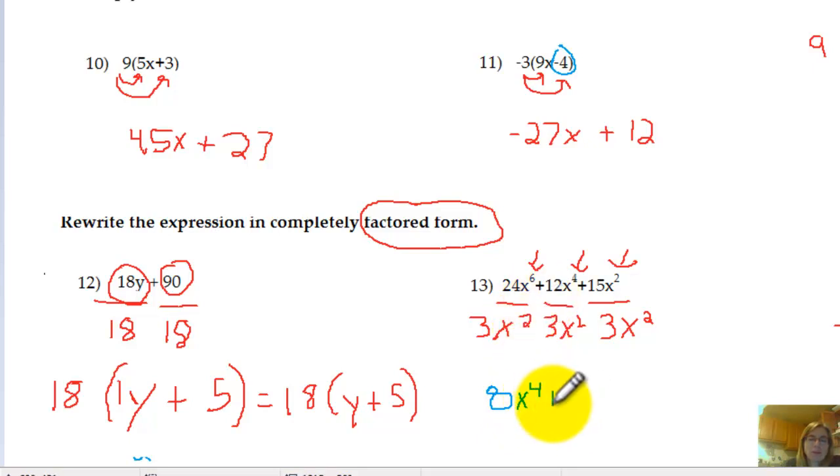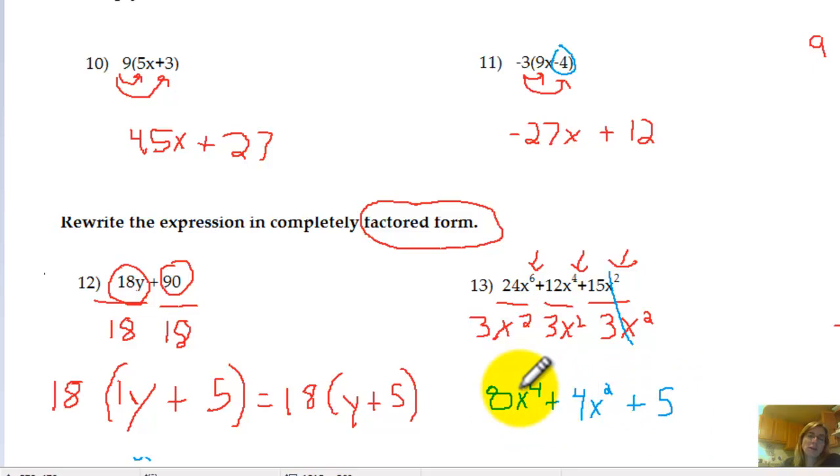It's plus, everything is plus on this one. It's kind of friendly in that way. So 3 into 12 is 4. The exponents can be subtracted, 4 minus 2, so that's x squared. And then the last term, the x squared over the x squared is 1, so it cancels. 3 divided by 15 is 5. So you have all of this.